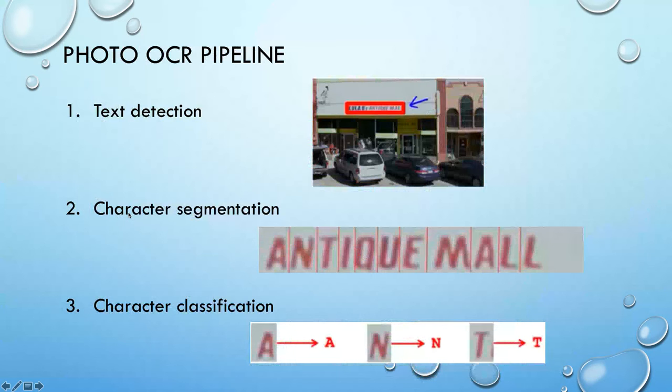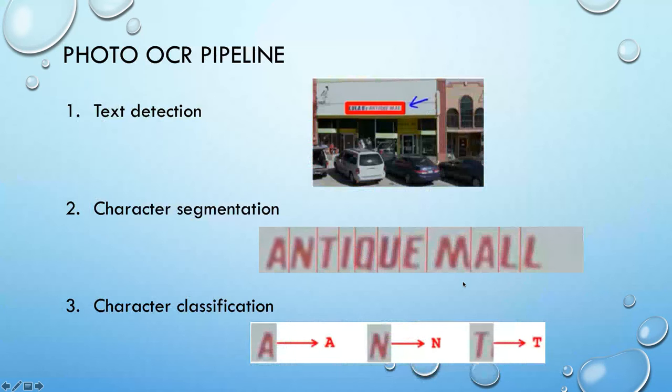And then we'll do some character segmentation. That means we need to find a line between 2 characters which can separate them. For example, in this row, "antique mall", we try to find these lines which can separate the characters. The result is that we use these multiple lines to separate the characters.